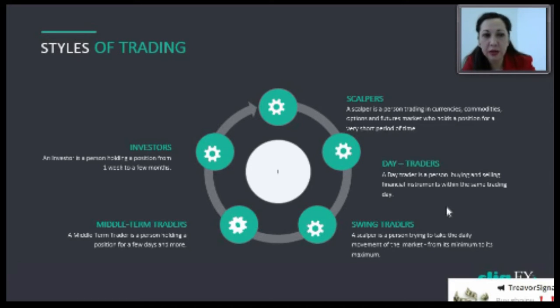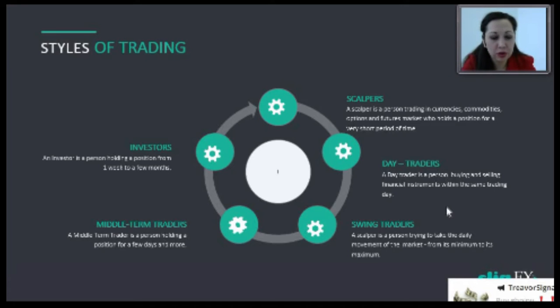Next category is called middle-term traders, and the process of trading is middle-term trading. The middle-term trader stays in the market for a few days and even more, maybe for a week, and he uses middle time frames like H4 and bigger.